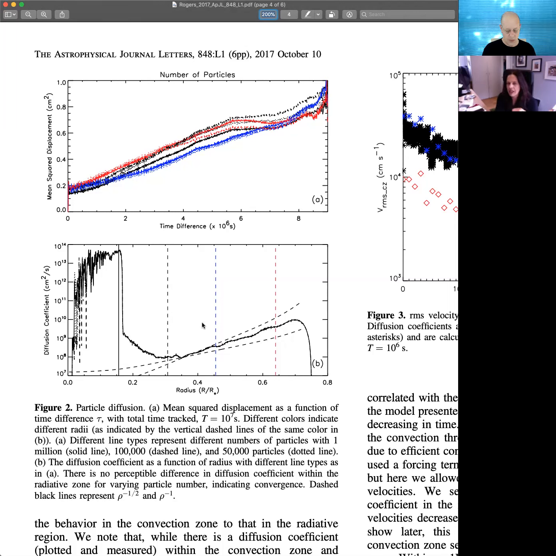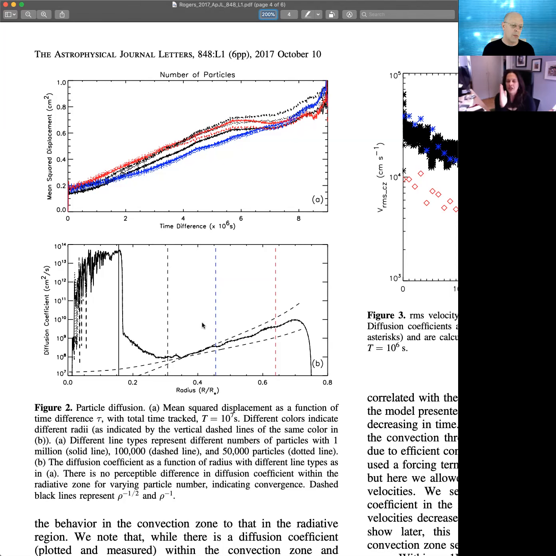So what we did is we basically calculated the diffusion coefficient at every radius. If you put in 1 million particles or 100,000 particles or whatever, you can get a diffusion coefficient at every radius. And that's what's plotted in the second part of that figure.